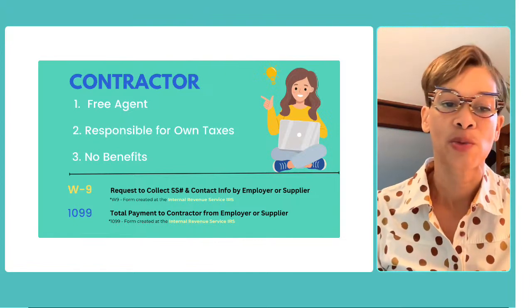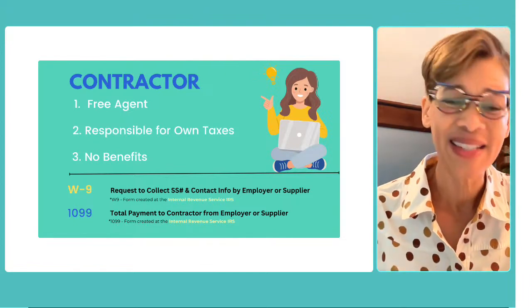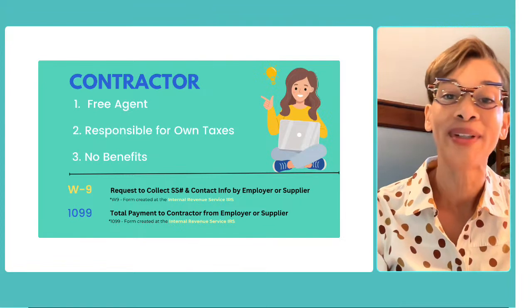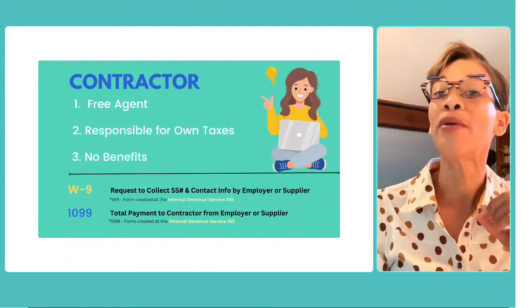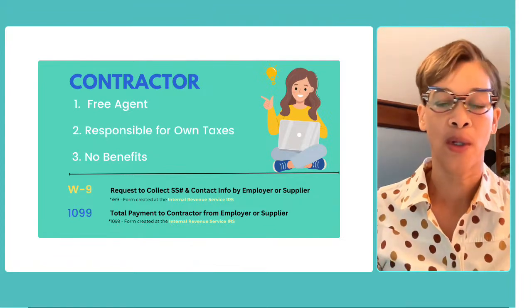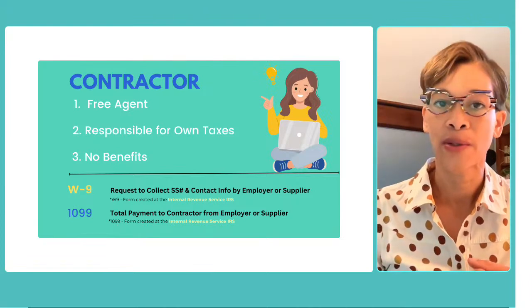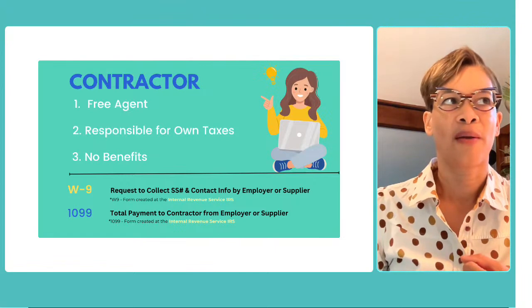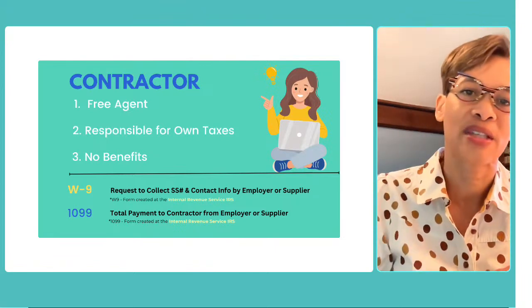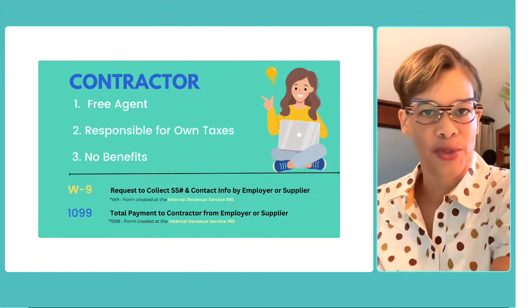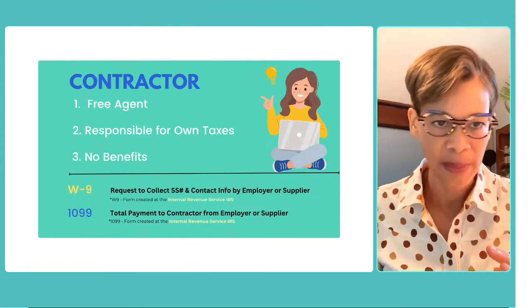One of the big differences with a contractor is they're responsible for their own taxes. They have to remit their own taxes to their local tax authority or federal tax authority. That means taxes that would normally be withheld from someone's paycheck, better said.